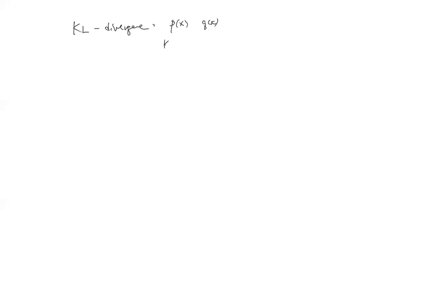The KL divergence is, just as a reminder, something like p(x) log p(x) over q(x). Assume it's discrete, then it will be a summation. If it's continuous, then it will be an integral.